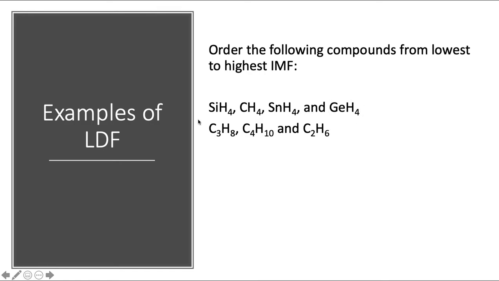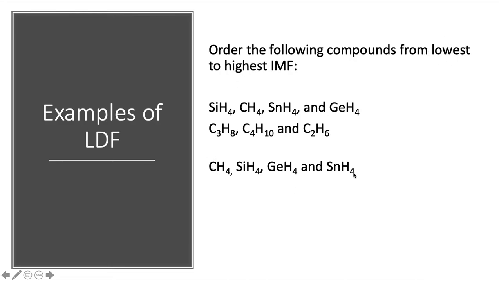So this germanium hydride will be the next molecule, and then the last one will be tin hydride, because tin is the largest out of these four. So here's the order from lowest to highest.